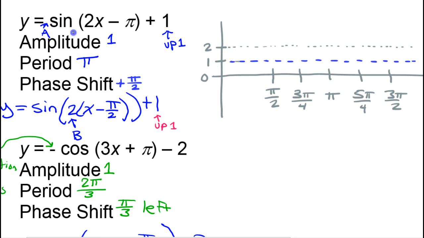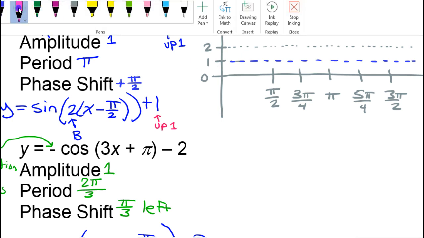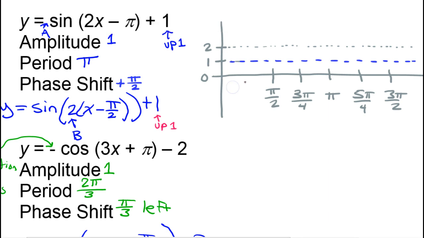So we're doing the sine function. We know that the sine function starts at the midline. Remember, we had decided to start at the phase shift of pi over 2. So the sine function starts at the midline. You know how normally we start at 0? Well, this time we're going to start at 1 because of the vertical shift up 1.